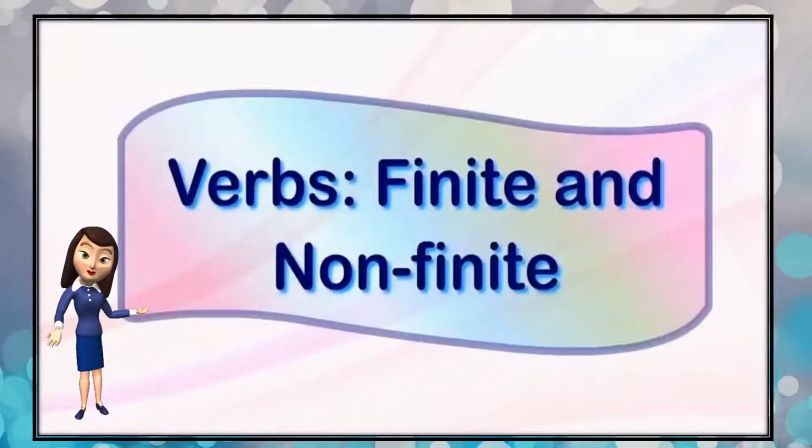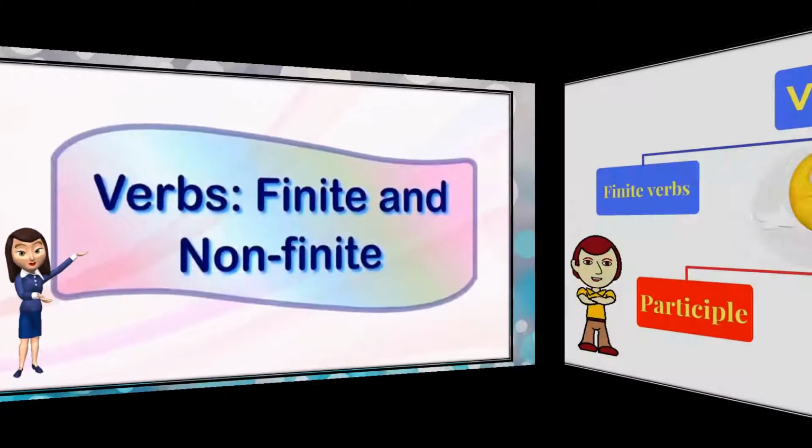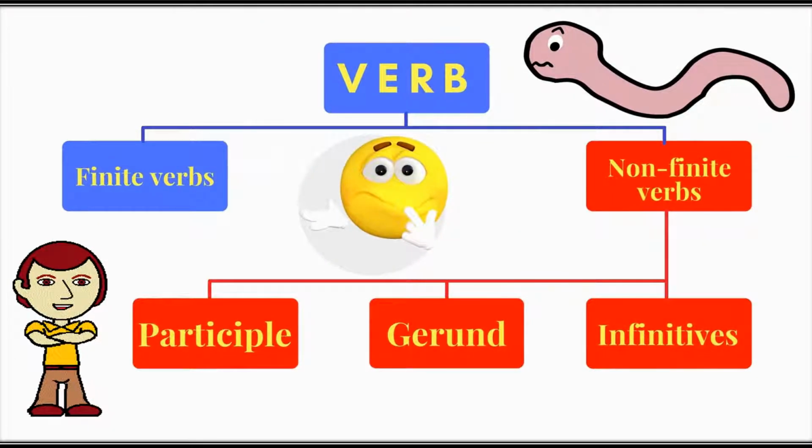Now, let's learn more about the verb that is finite and non-finite. Finite and non-finite is also a part of verb, so let's study more about them. Verb is divided into two, that is finite verb and non-finite verb.